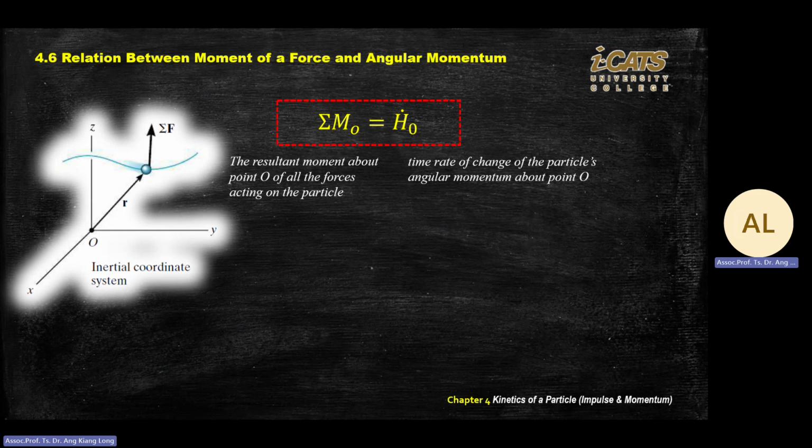So if the question is angular momentum, you write this formula as a starting point. On the left, you focus on forces. On the right, you focus on angular momentum, mv.